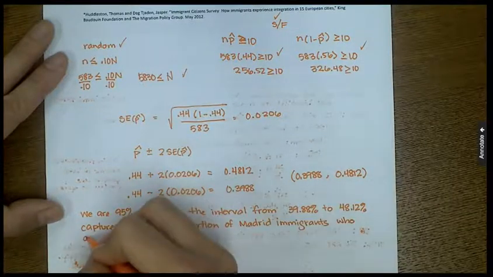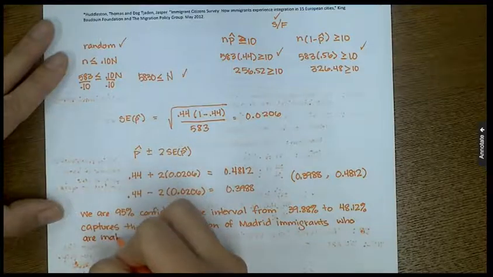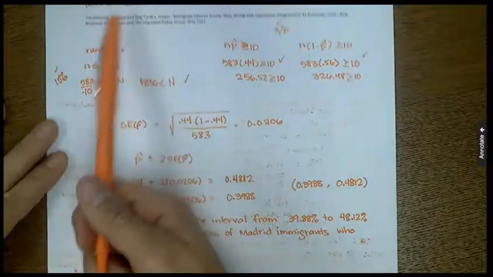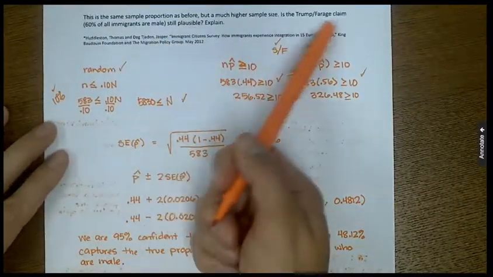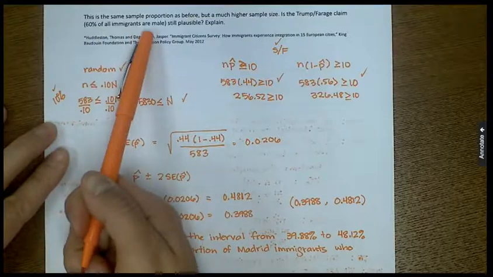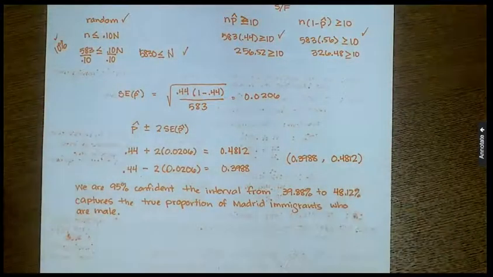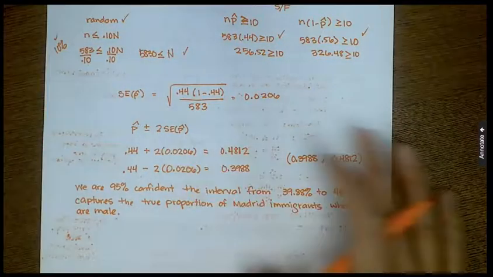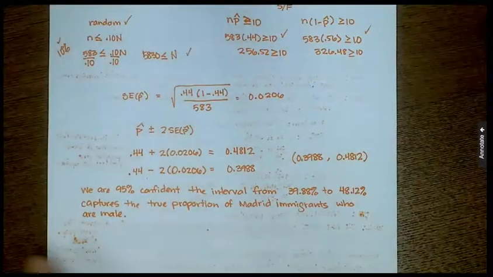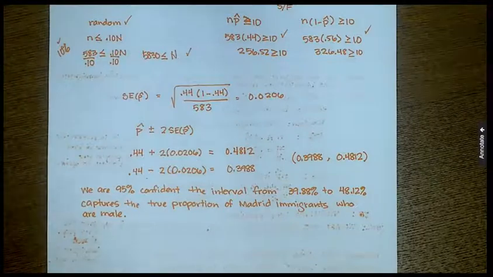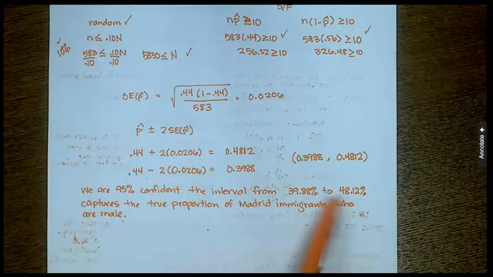Okay, so now it's asking me up here, is the Trump-Farage claim of 60% of all immigrants are male still plausible? Based on this actual data, not our mock data anymore, is the Trump-Farage claim still plausible? Our answer here is, well, first look at, is their claim of 60% within our confidence interval? No, it's not.